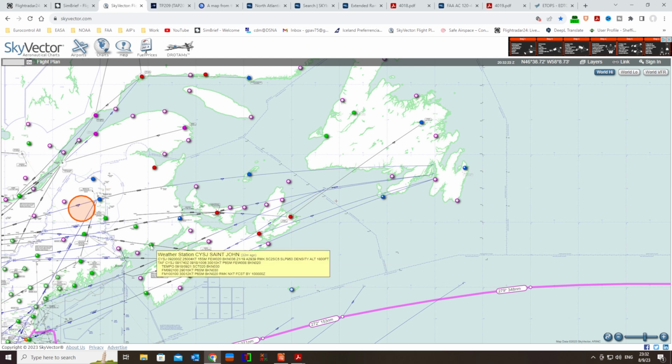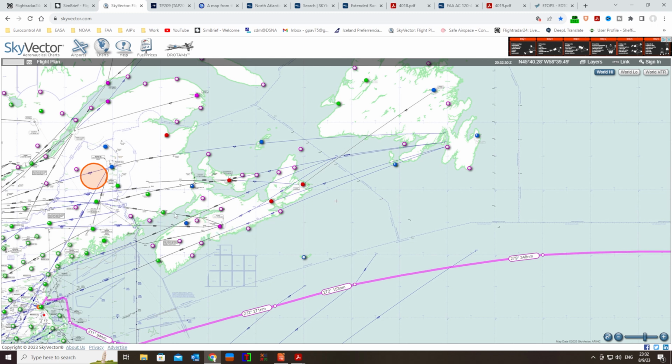We have some St. John's weather station. You need to make sure also that the airport has customs and so on and so forth, because when you land, they need to have customs and check the airport, the aircraft, and the documents and everything.